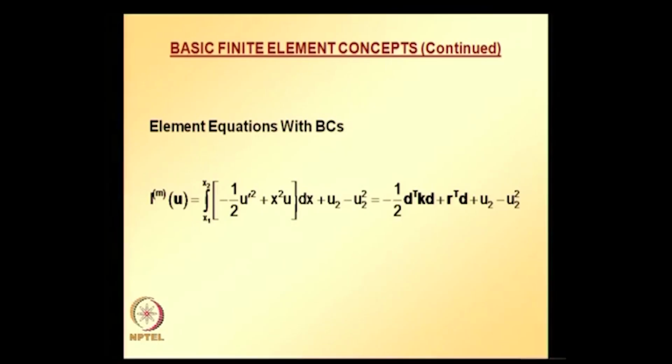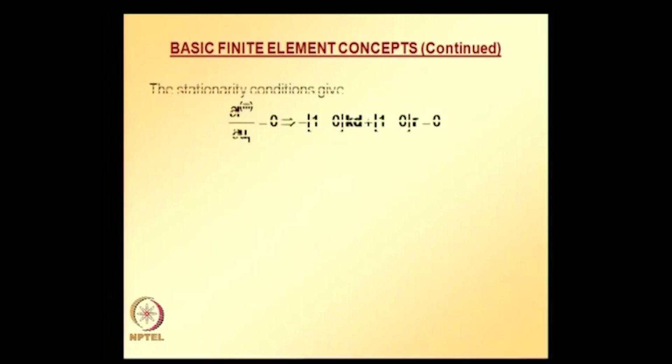So, now you substitute the first integral, whatever simplified quantities you already obtained, that is minus d transpose k d plus r transpose d, similar to what you just derived for element equations without boundary conditions. In addition to that, you get two more additional terms, and the rest of the story is the same.